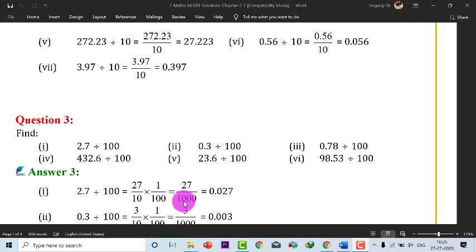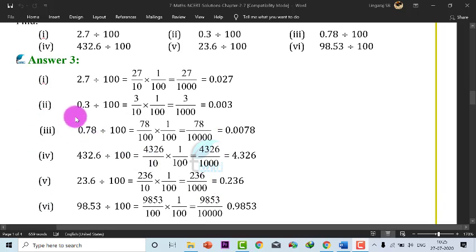So 27 by 1000 will be written as 0.027. Next, the second question, 0.3 divided by 100. So 0.3 will be 3 by 10 into 1 by 100. 3 into 1 is 3, 10 into 100 is 1000. So it will be written as 0.003 because there are 3 zeros, so 3 digits after the point.